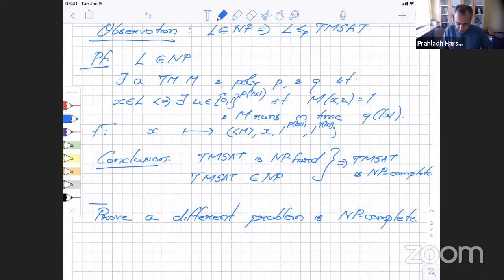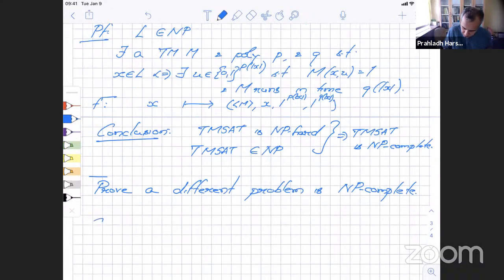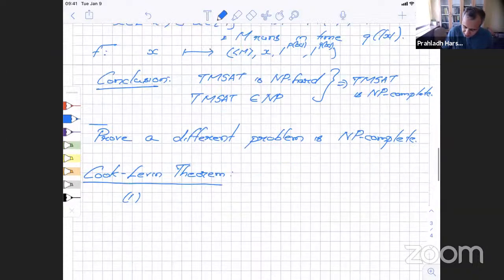So what we will see is the famous Cook-Levin theorem, which was proven independently by Cook and Levin on two different sides of the Iron Curtain, in which they showed that SAT is NP complete.